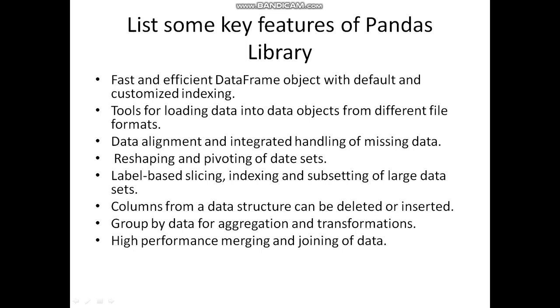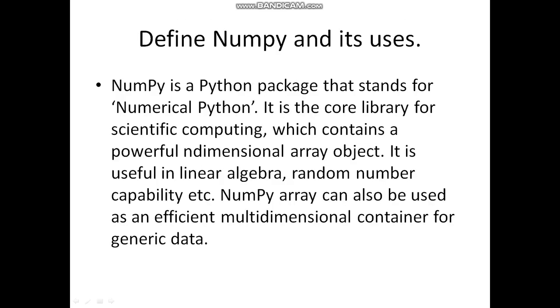Reshaping and pivoting of datasets. Label-based slicing, indexing and subsetting of large datasets. Columns from a data structure can be deleted or inserted. High performance merging and joining of data. So now let's move on to the next question.